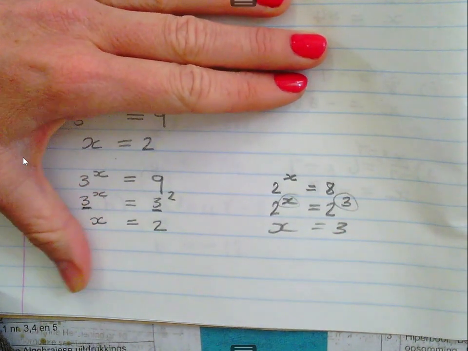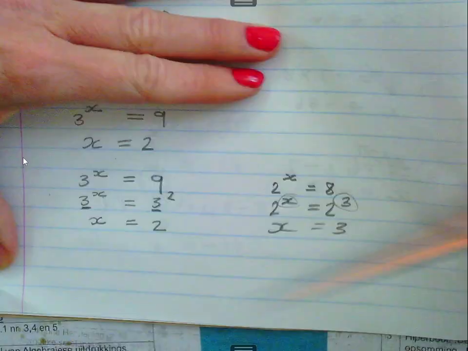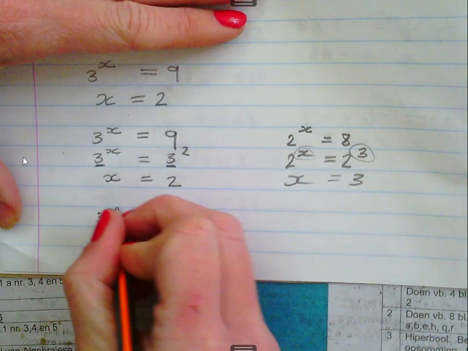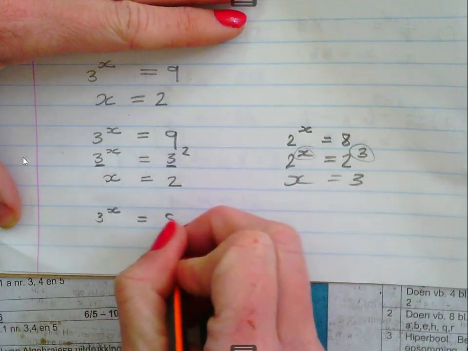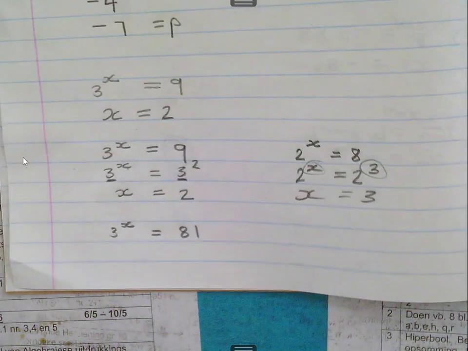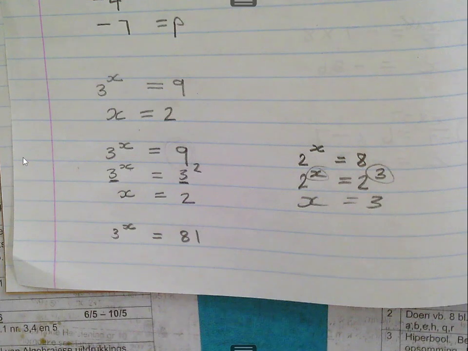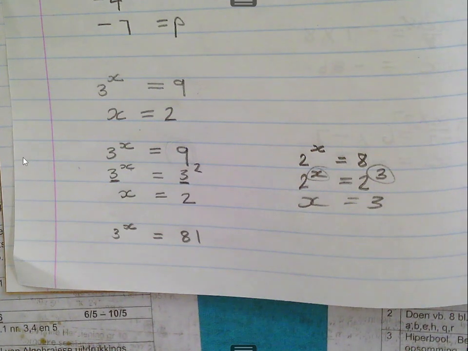Must I do another one for you? Okay. 81 must be written in exponential form.